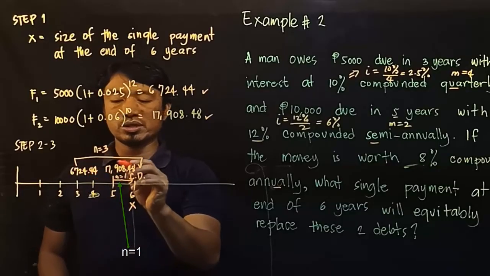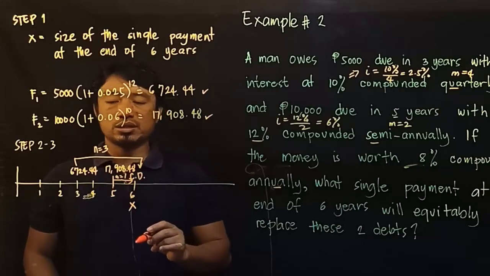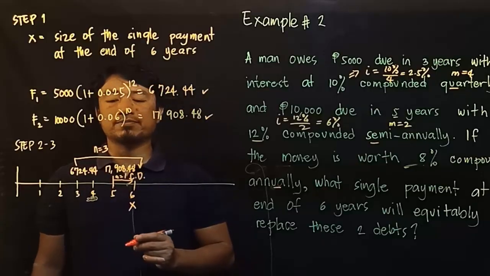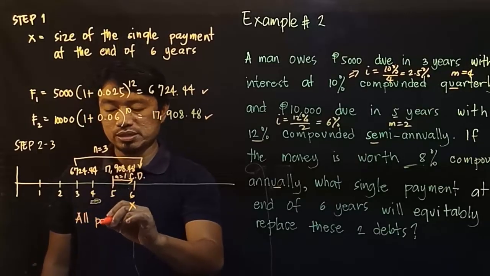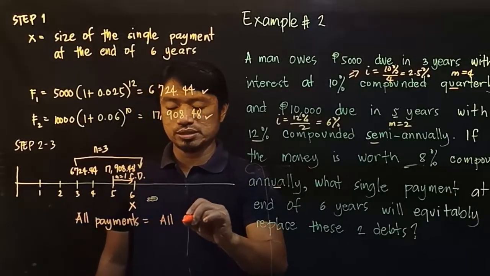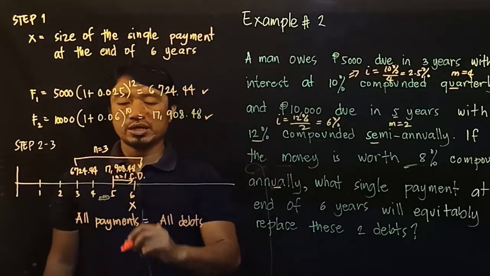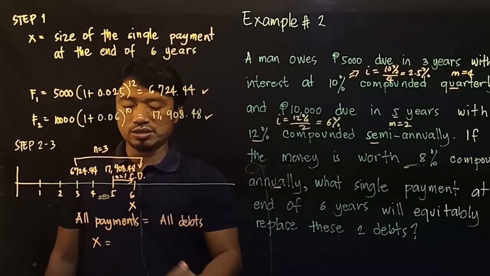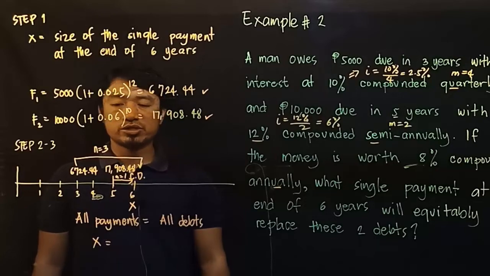Since the arrows of these quantities are moving forward towards the comparison date, they will be accumulated with respect to the comparison date. And our next step, again using the equation, all payments equal all debts. Again, this is a single payment, therefore our left side is X. And this is equal to all the debts and their accumulation.